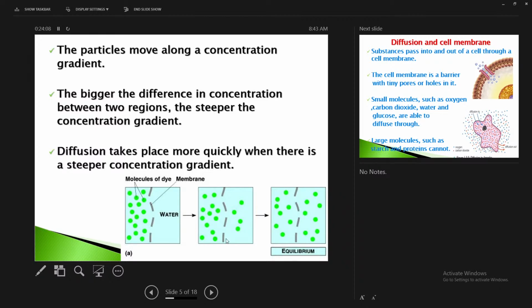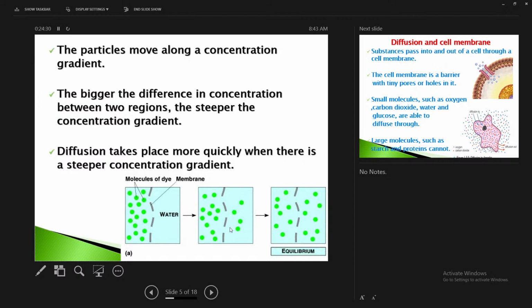Now, let's count all the dots: 1, 2, 3, 4, 5, 6, 7, 8, 9, 10, 11, 12, 13. So we have 13 green dots on the left side of the middle box, while on the right side we have just 4.